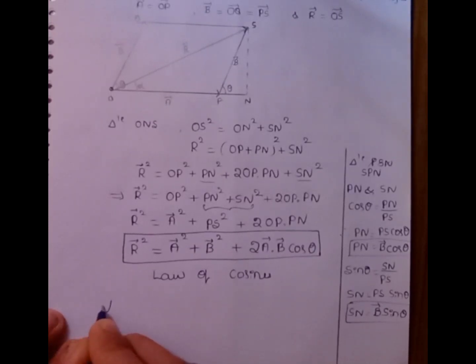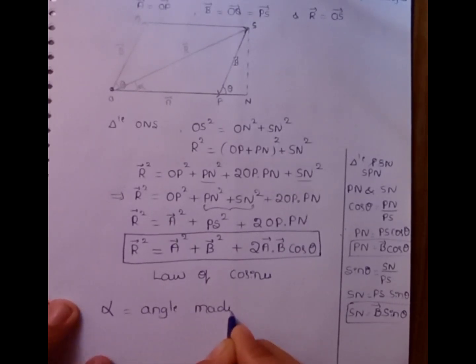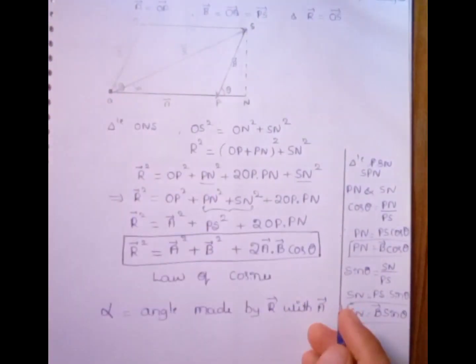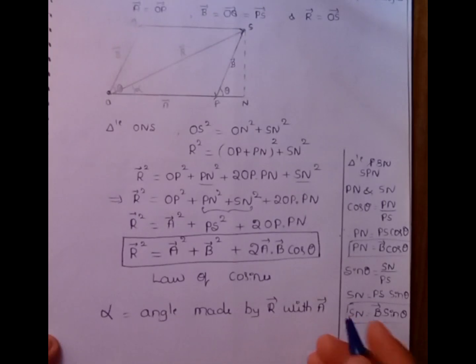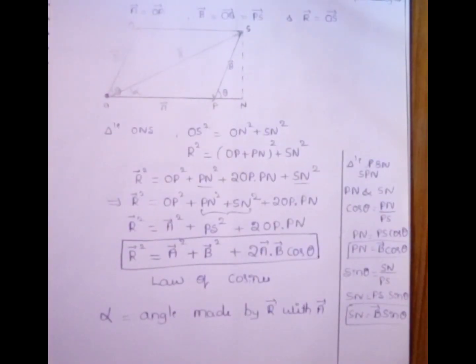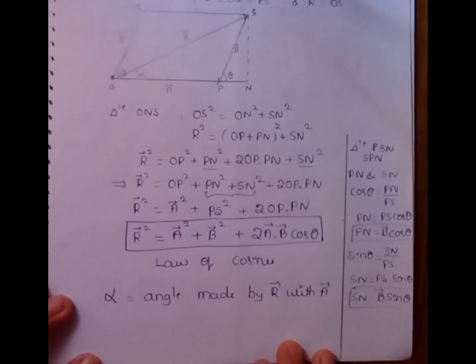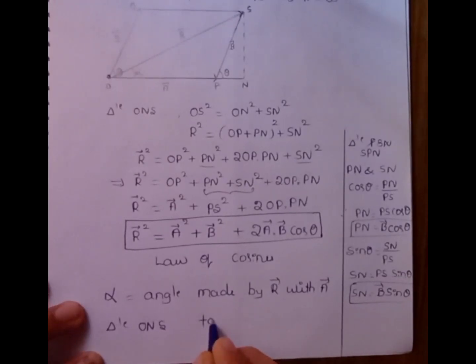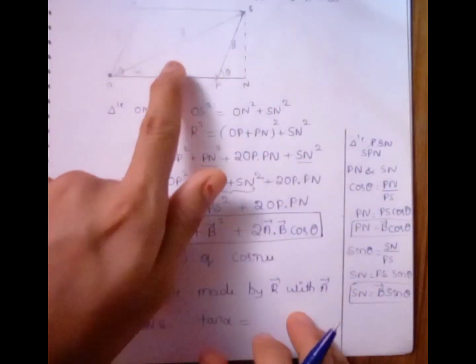Let us consider alpha, which is the angle made by vector R with vector A. By the triangle ONS, tan alpha is equal to opposite divided by adjacent.